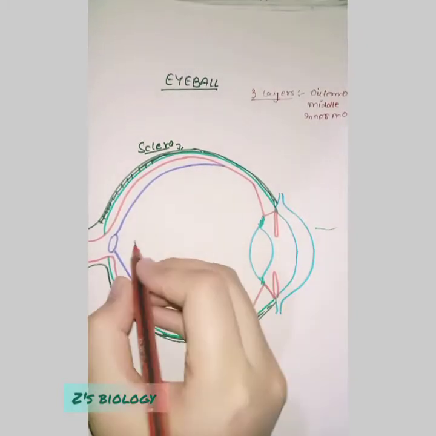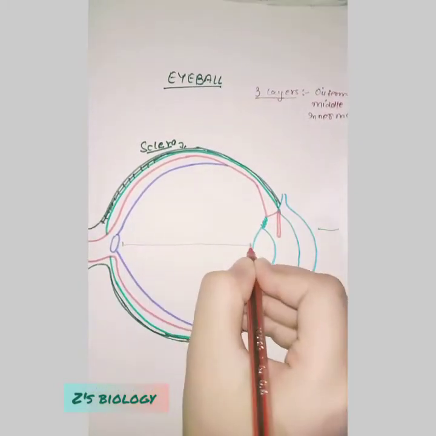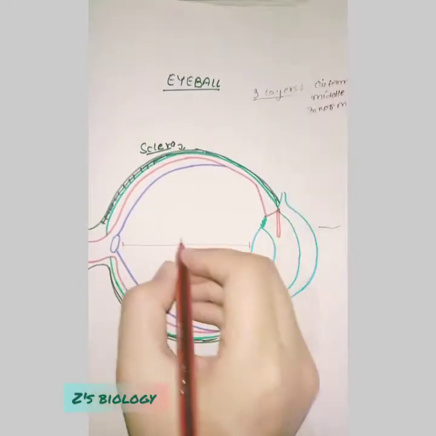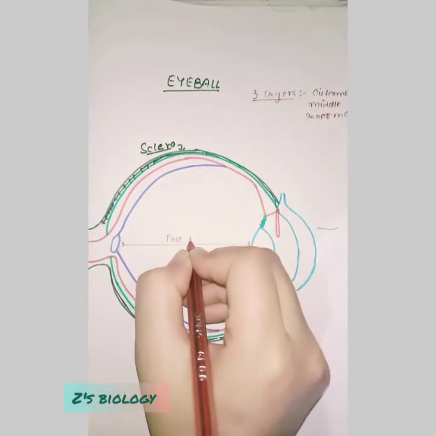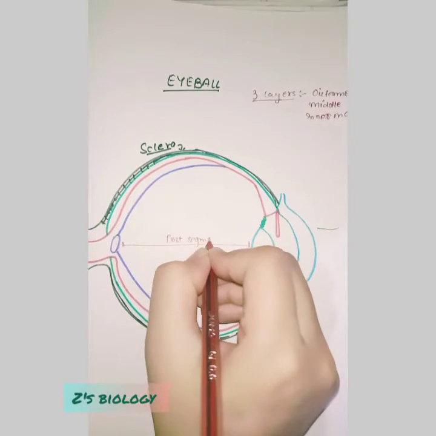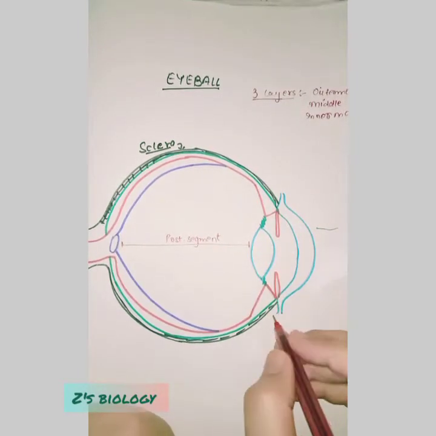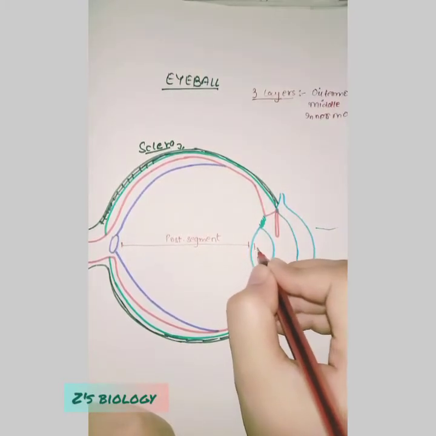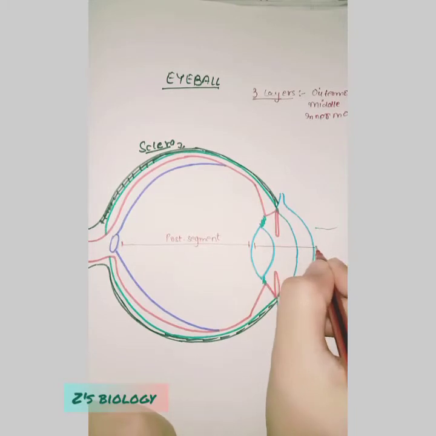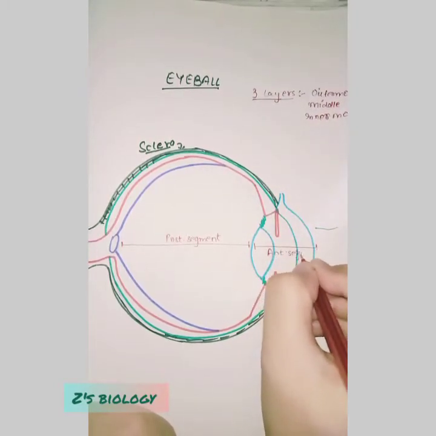So this part from here, the posterior part of the lens, all this part consists of the posterior segment of the eye, and from here, if we talk about the anterior part of the lens up to the cornea, this is our anterior segment of the eyeball.